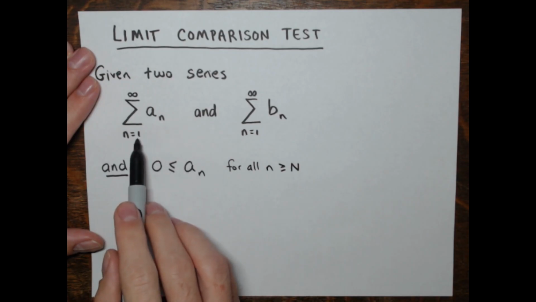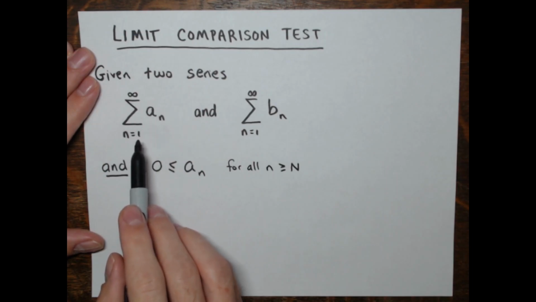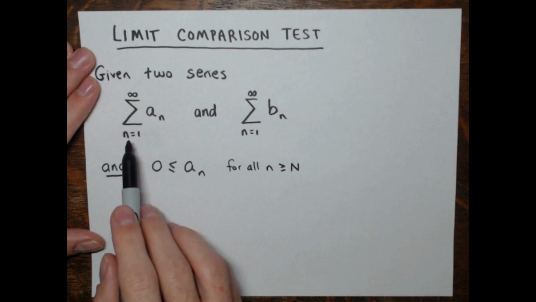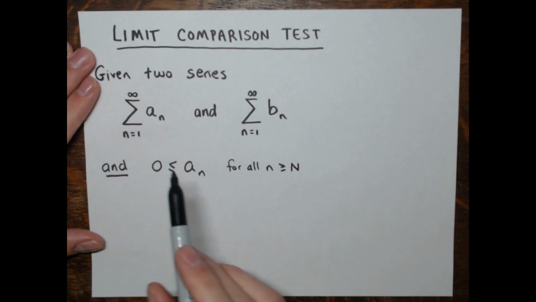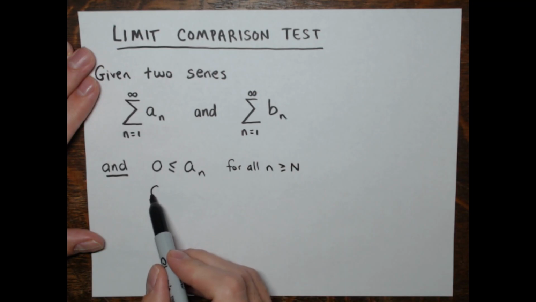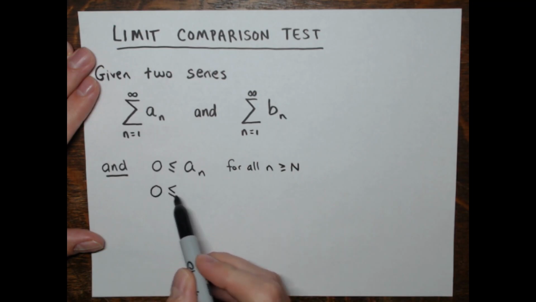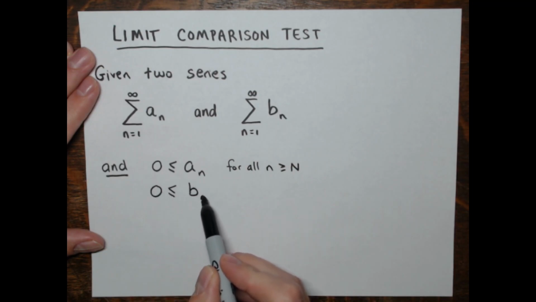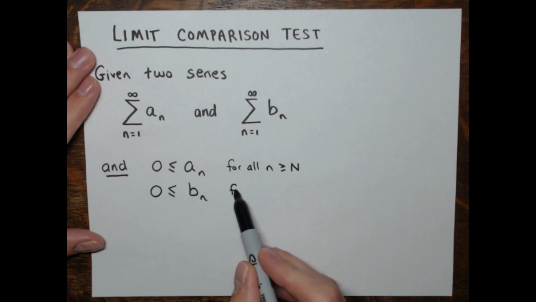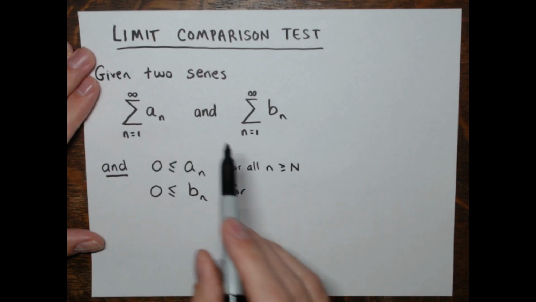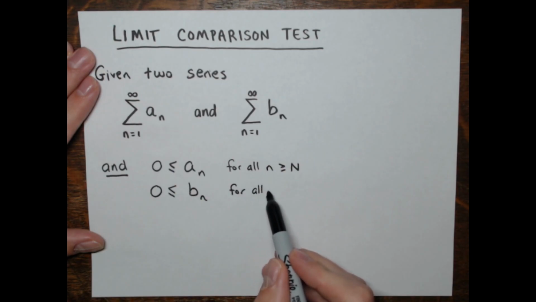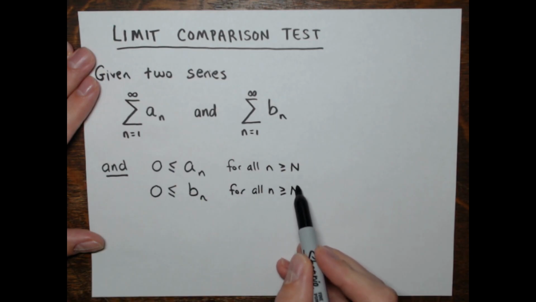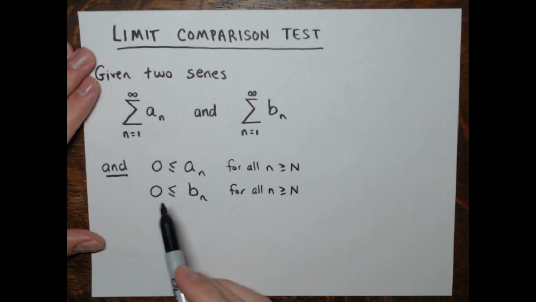For the most part, though, we'll see our series with terms that are non-negative from the get-go. From n equals 1 or n equals 2. Same thing for the b sub n's, all right? So I have two series with terms that are eventually non-negative terms.